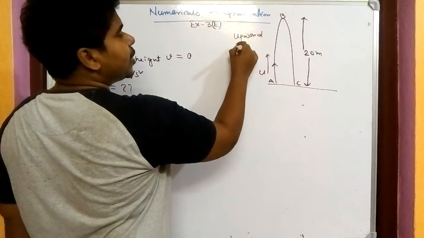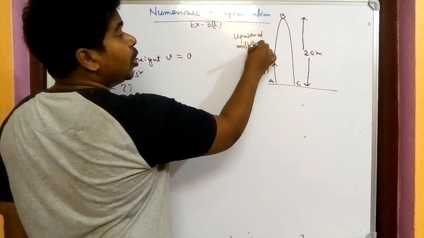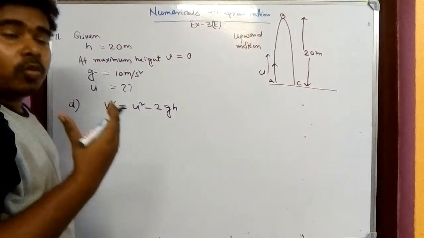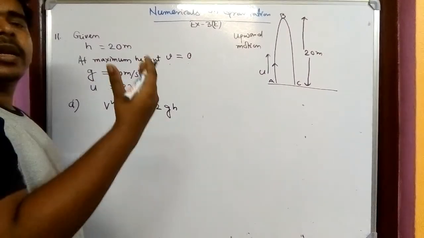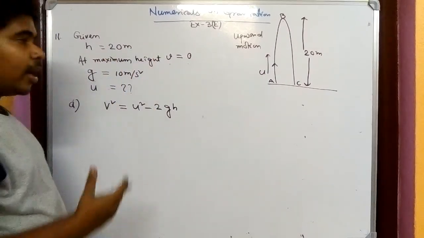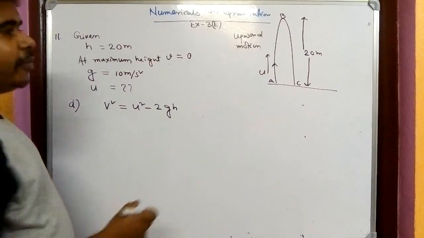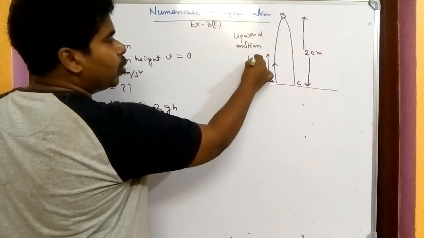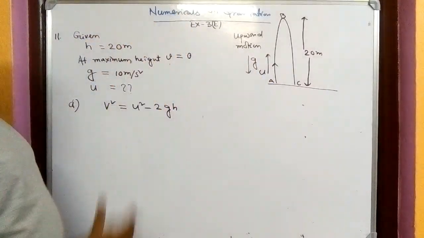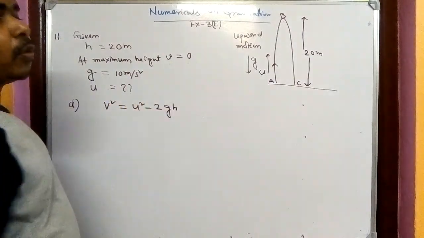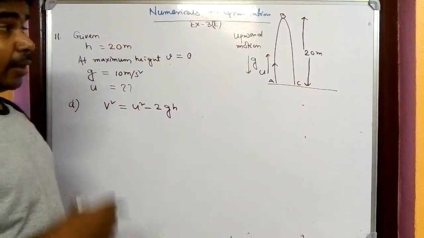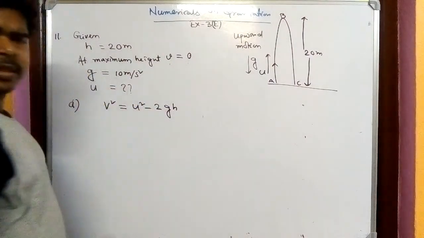For upward motion, we know that we are moving against the gravitational force. The acceleration due to gravity is acting downward, but we are moving upward. So the directions are opposite to each other, and that means we have to take minus.